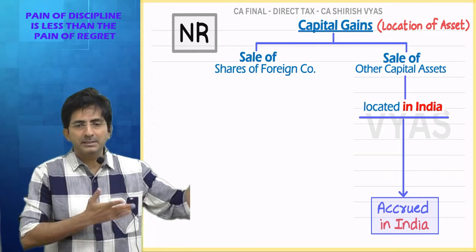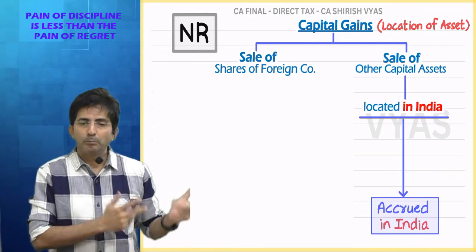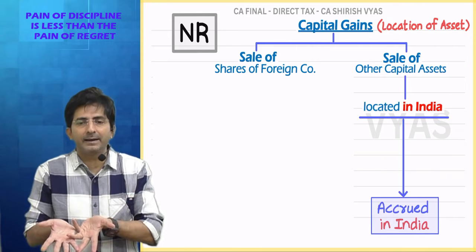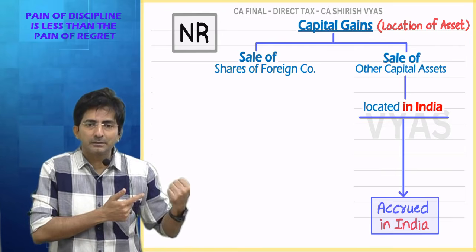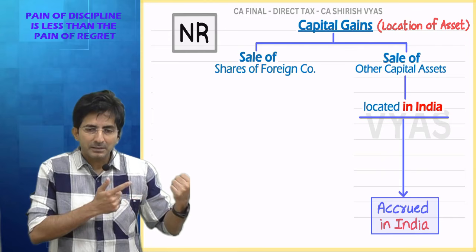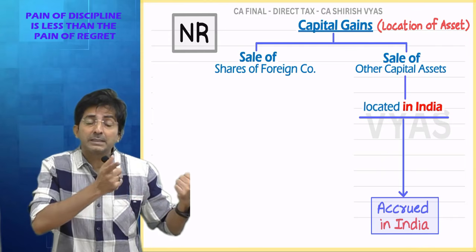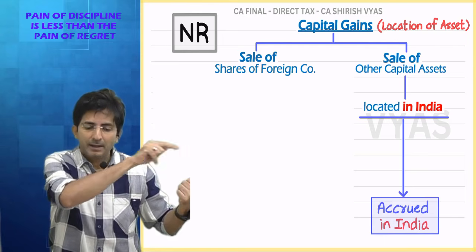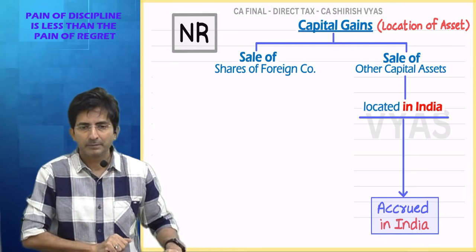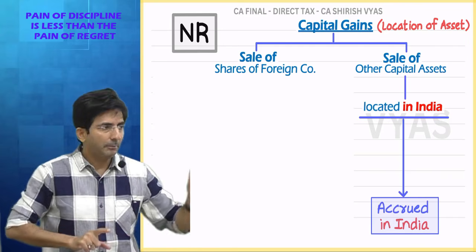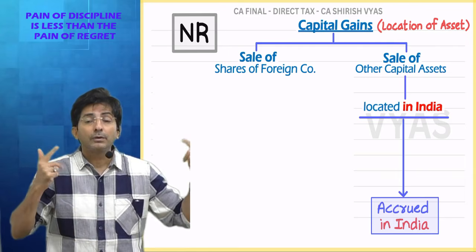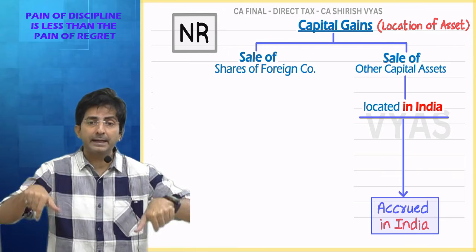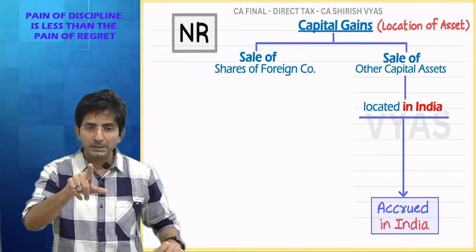So imagine that in that German company's balance sheet, most of the assets are lying in India, and those assets are creating share valuation. So that means capital gain from sale of such shares has accrued in India. What condition? In the balance sheet of the German company, more than 50% assets should be lying in India, but that is in percentage terms.